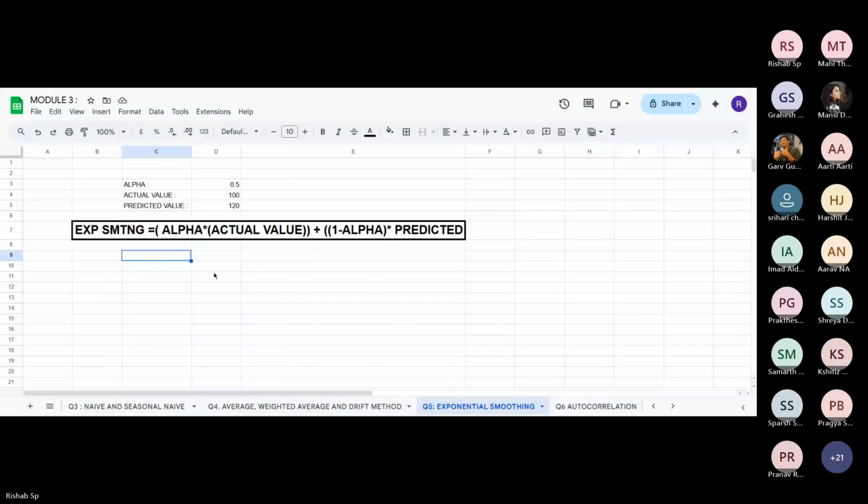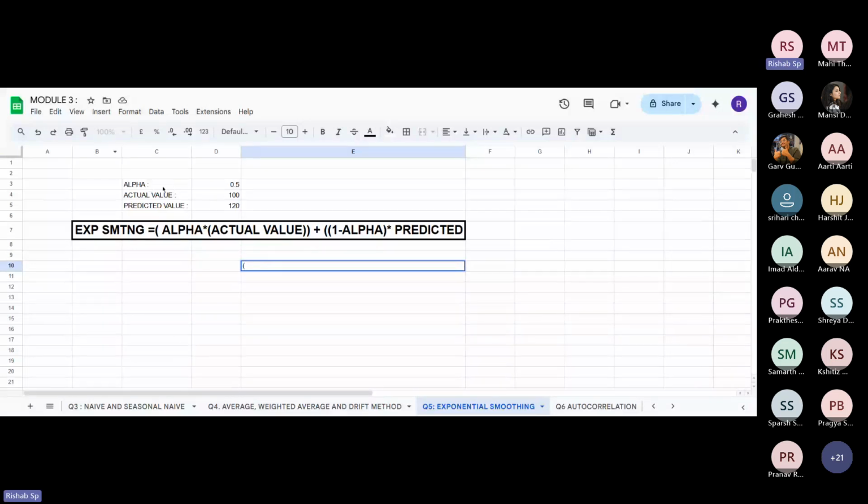Yes. So here what we do is that we'll be having these three values: we have an alpha, an actual value, and a predicted value. The exponential smoothing equation is alpha into actual value plus 1 minus alpha into predicted value. So you just put all these values into this equation.